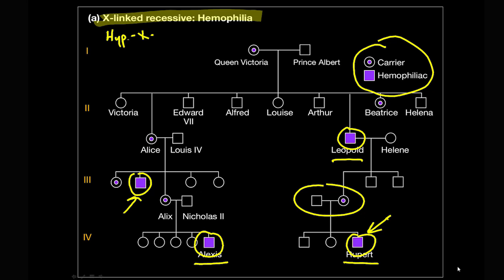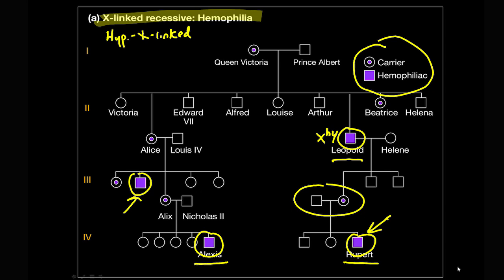Let's just make it easy. The hypothesis is that the hemophilia allele is sex or X-linked. So in that case, anyone who has it, for example Leopold, has to be, arbitrarily, I'll just use H for hemophilia, X little h Y. We already established it's recessive, right?